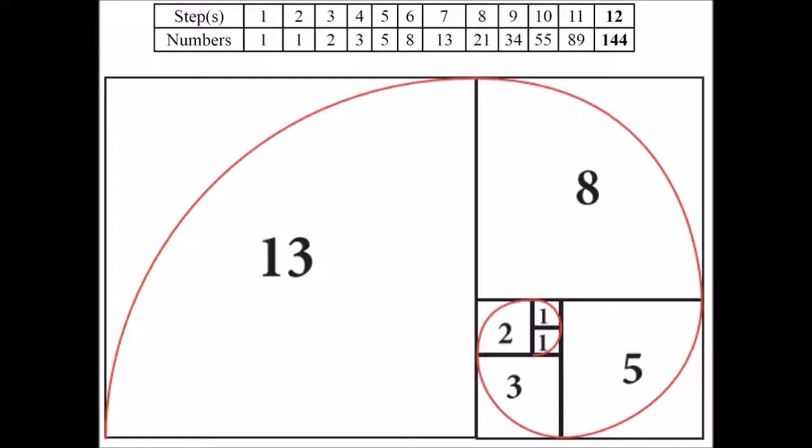So, for example, if I take step 12, well, step 12 is 144, and it's 89, which is the 11th step, plus 55, which is the 10th step. Okay, if I want to get the number 13, I add up 5 plus 8, which is the 5th and the 6th step of the Fibonacci spiral.